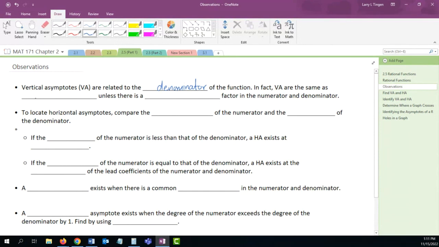So I'm just going to put same as solutions. I'm going to write this out.